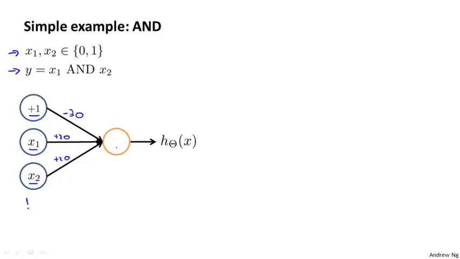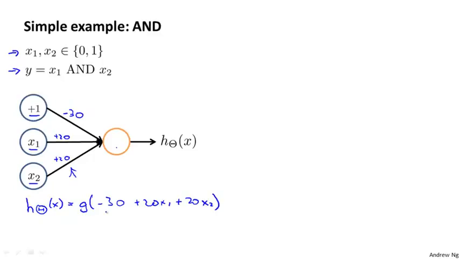So concretely, this is saying that my hypothesis h of x is equal to g of -30 plus 20x1 plus 20x2.